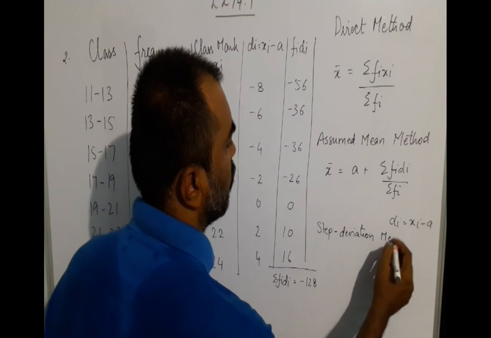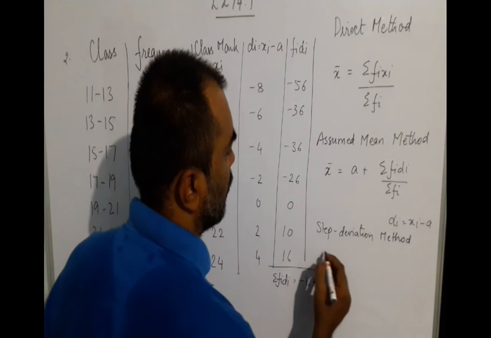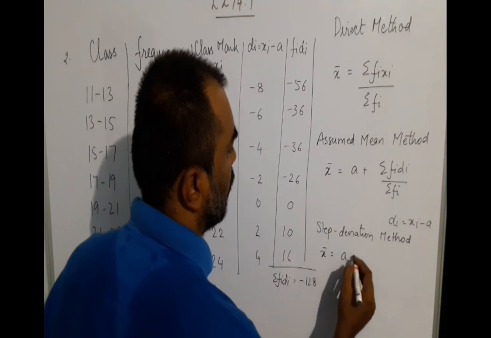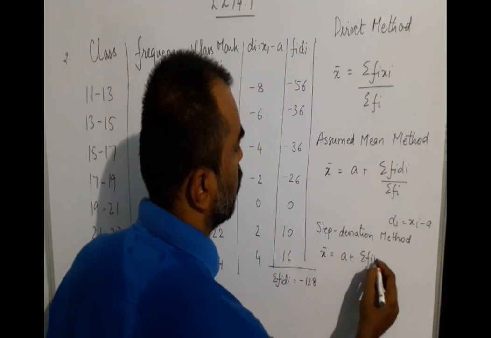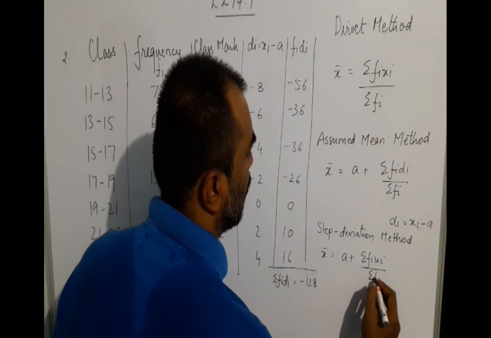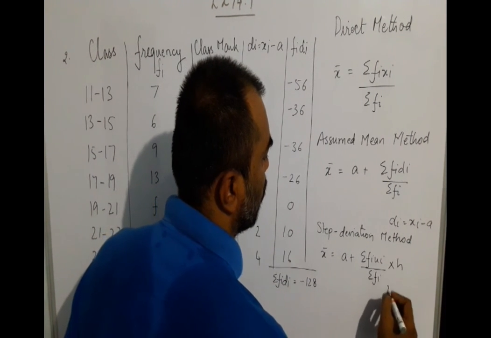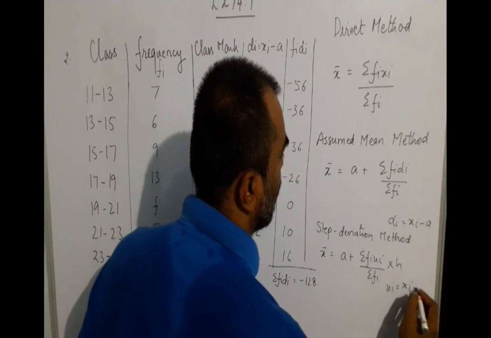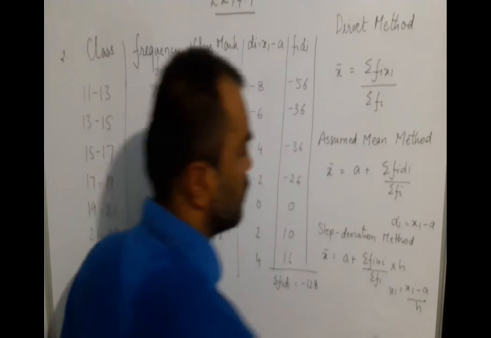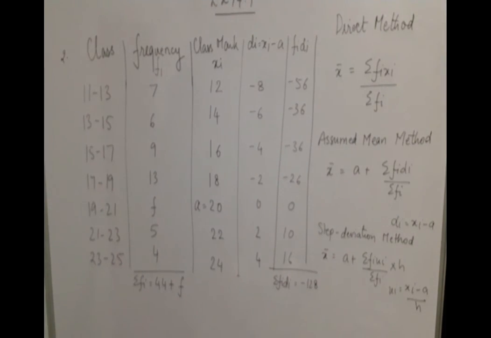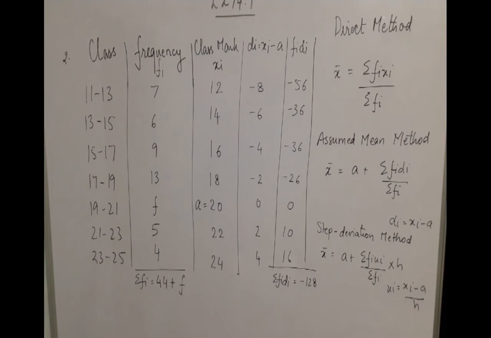What is the formula for the step deviation method? X bar equal to A plus sigma Fi ui upon sigma Fi into h, where ui is xi minus A upon h. So I am revising the formula one more time. We keep on repeating till you can remember it perfectly.